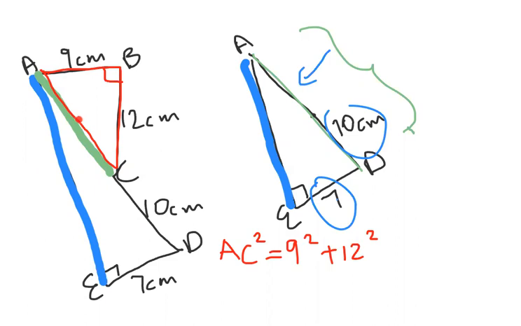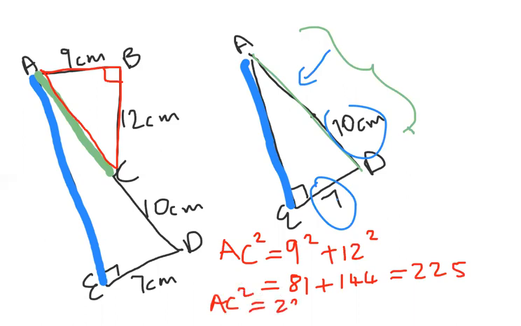Now we work it out. 9 squared is 81. 12 squared is 144. 81 plus 144 is 225. So AC squared equals 225, and that means AC on its own is equal to 15.